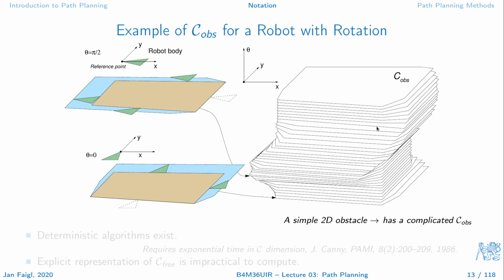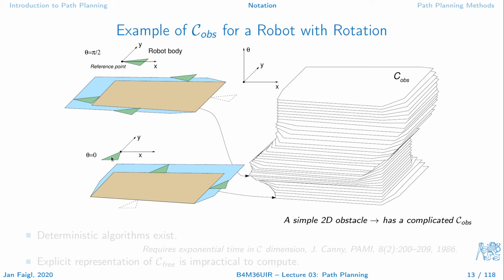However, creating an explicit representation can be very difficult, and we can see in this example where we have a triangle shape robot. So we will consider a particular orientation of the robot and we will create the same, okay? So this is the reference point of the robot.